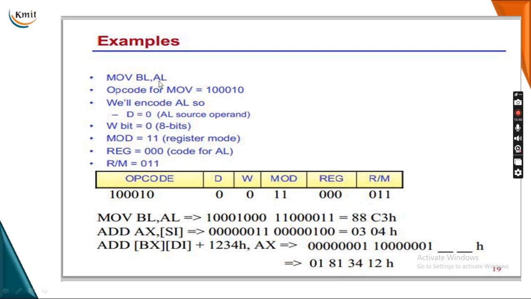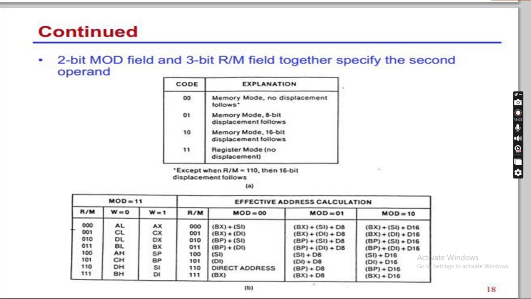AL is 8-bit, so D is equal to 0, that is AL to BL. W is equal to 0 because it is 8 bits, and mod is equal to 11 as it is in register mode. Reg is the code for AL, so 000, and R by M is equal to 011, BL.